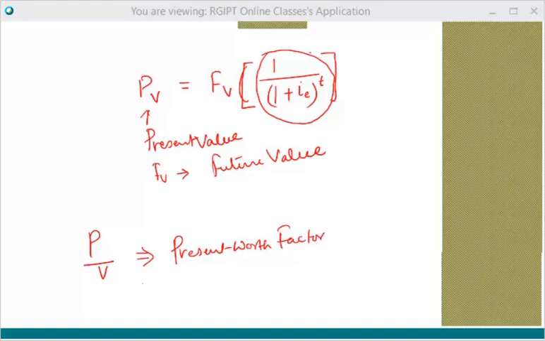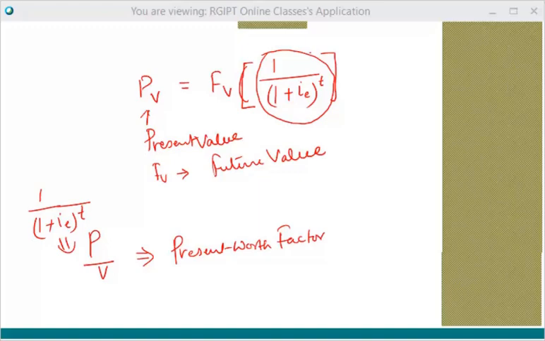Basically, P by F is 1 over (1 plus i_e) to the power t. That is what you have. So P by F is the present worth factor.